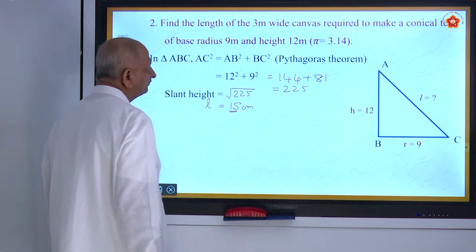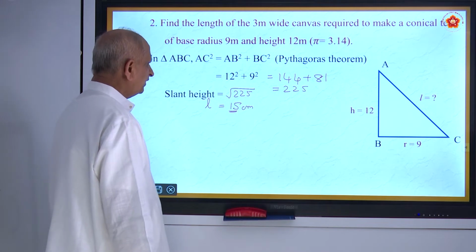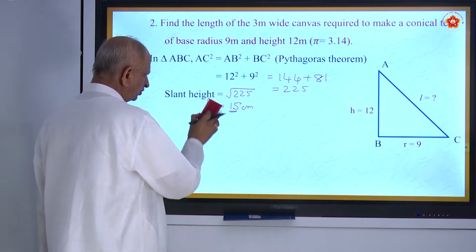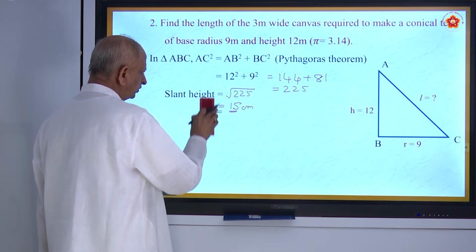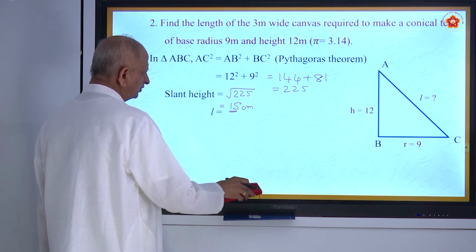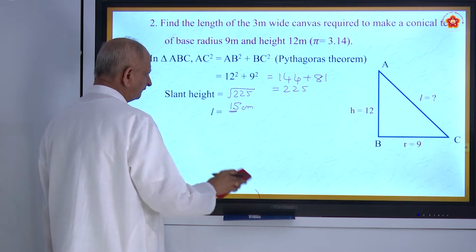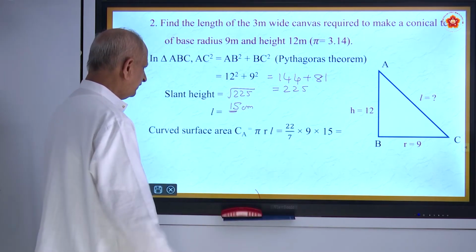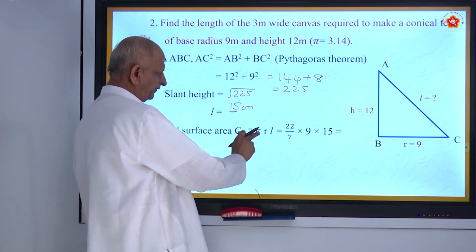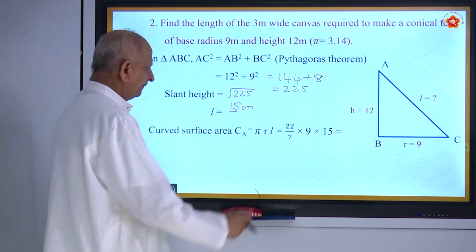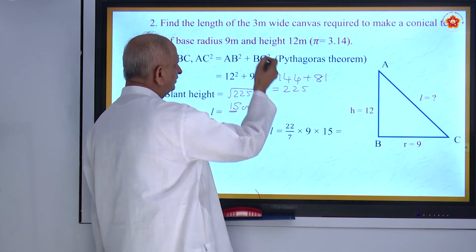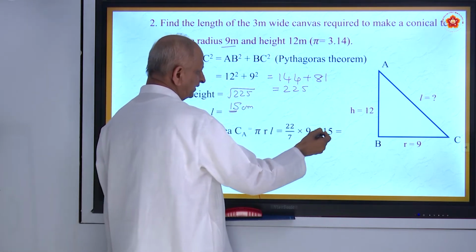Using this, you have to find out area of the canvas. So L becomes 15. Using this, you find out the curved surface area, pi RL. Pi is 22 by 7, R is 9 given, and L is 15.